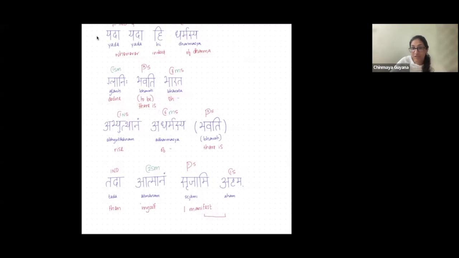So Lord Krishna is addressing Arjuna. O Bharata, whenever there is a decline of dharma, and is implied, there is a rise of adharma, tada, then what happens? Atmanam srijami aham. I manifest myself.